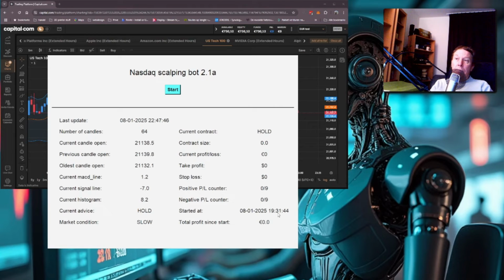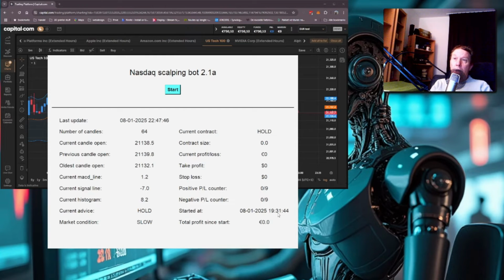So I restarted the bot again, while at the back you see a refresh of the browser, because there's a lot of refreshing going on, not from Chrome, but from the provider, from Capital.com. I saw 3, 4, 5 times already a new screen appearing.